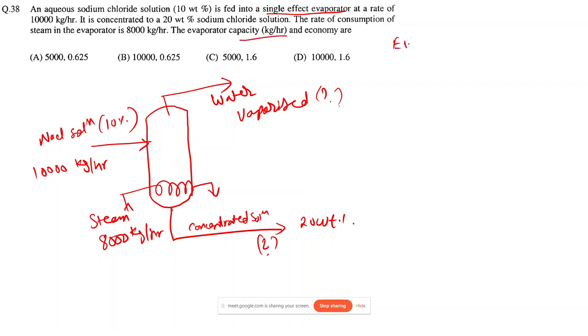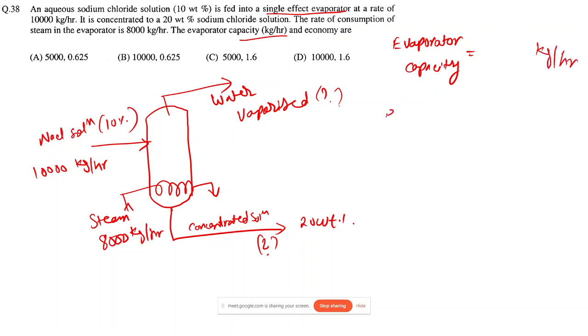So the first one is evaporator capacity, which is the amount of steam that is produced, that is the amount of water that is vaporized in kg per hour.